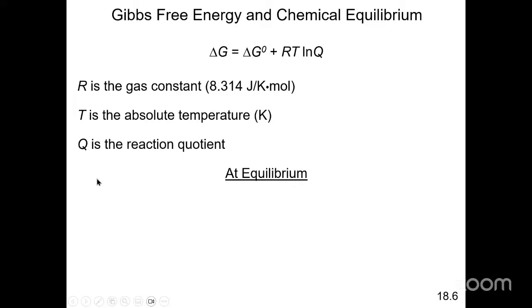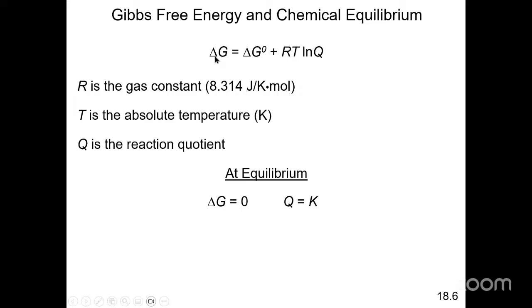And as I said before, Q is the reaction quotient. Now, if the system is at equilibrium, then delta G here, if you remember we said, is going to be equal to 0, right? So if we set 0 here, and the system is at equilibrium, remember now at equilibrium, Q is going to be equal to K, right?